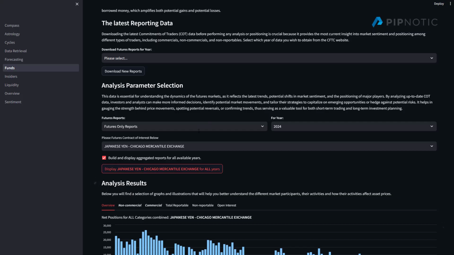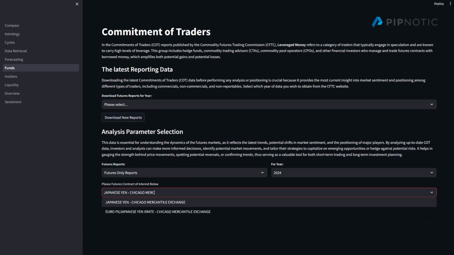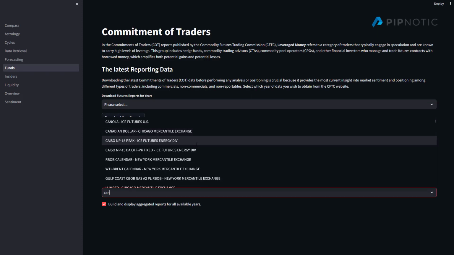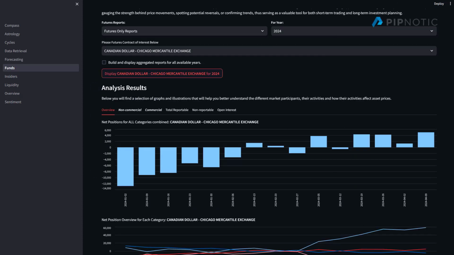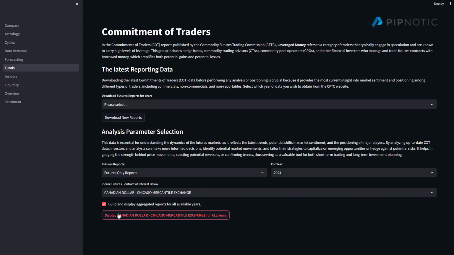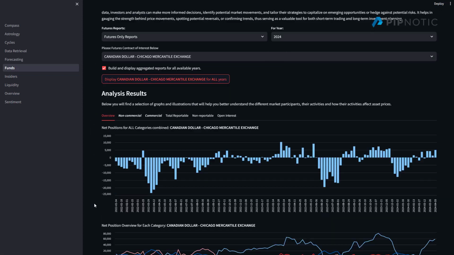We go to the COT, look at Canadian dollar. Yeah, we're still expanding north. Let's look at more data. You see, yeah, cycle-wise, so where are we going from here?